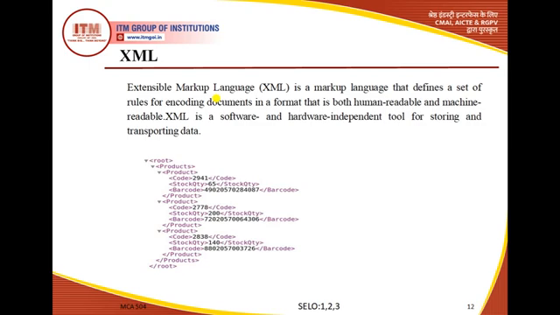Those documents should be encoded in such a format that it should be readable by human beings and also by the machine. So there must be some standard language which should define certain rules for encoding documents in this compatible format, that means human readable as well as machine readable.